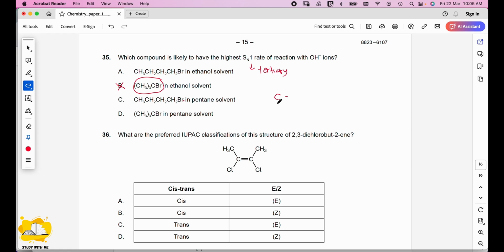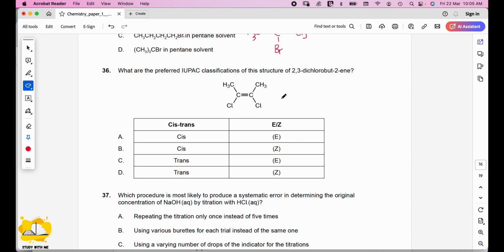The C-Br will connect to CH3, CH3, and CH3. So this is the tertiary halogenoalkane.